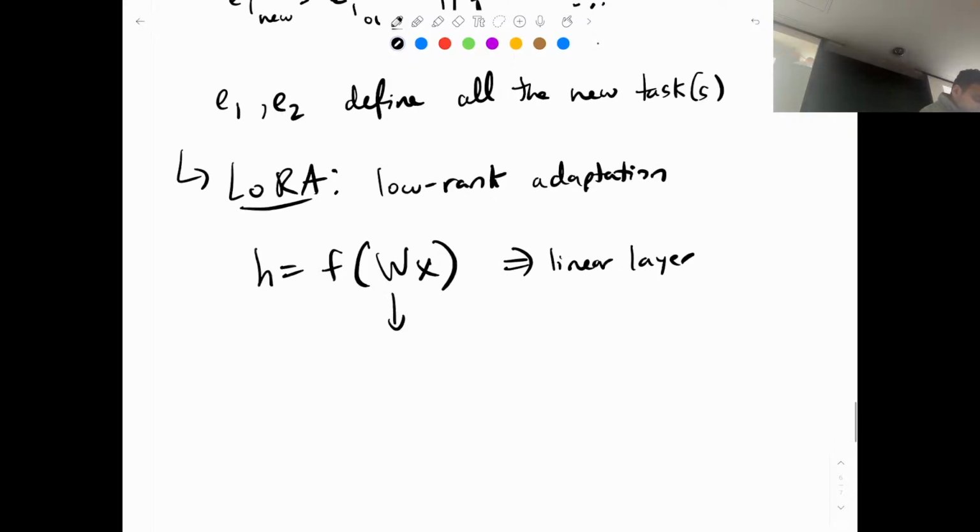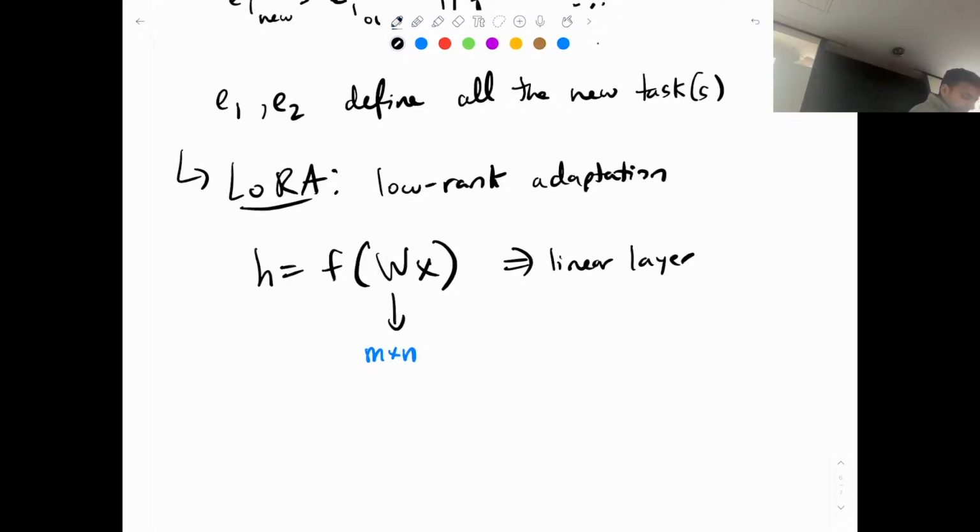And so let's say that the dimensionality of W here is M cross N, where M and N are both generally pretty large, right? It could be like 1024 by 512, or some huge number of parameters are generally in this matrix. And remember, our goal in these parameter efficient strategies is to reduce the number of parameters that we are actually updating.